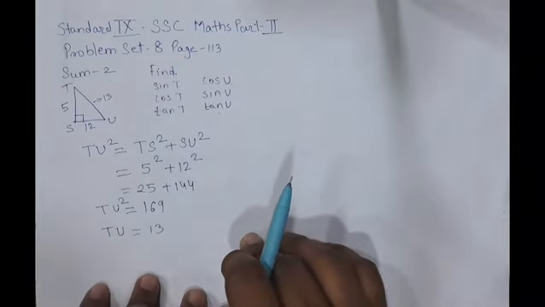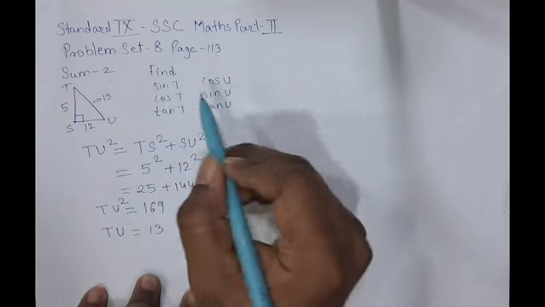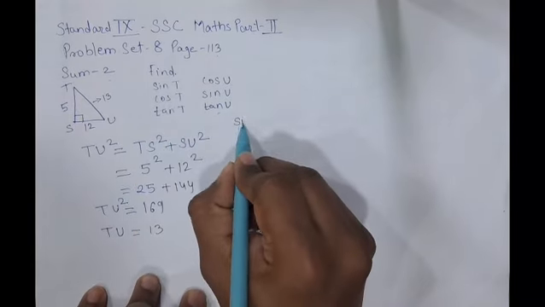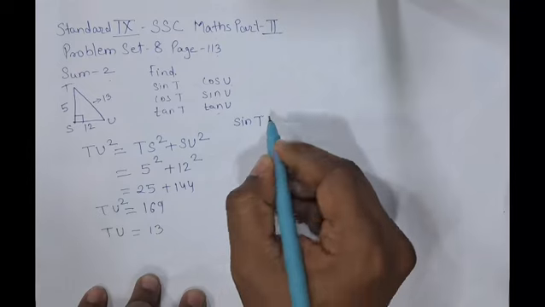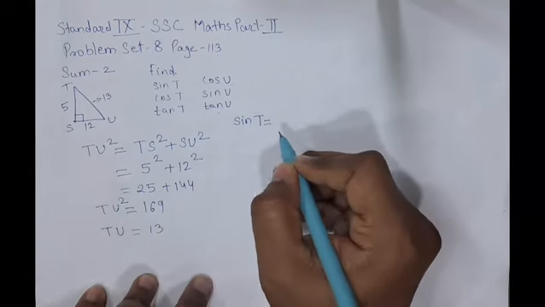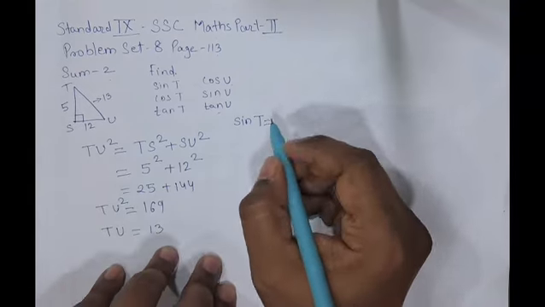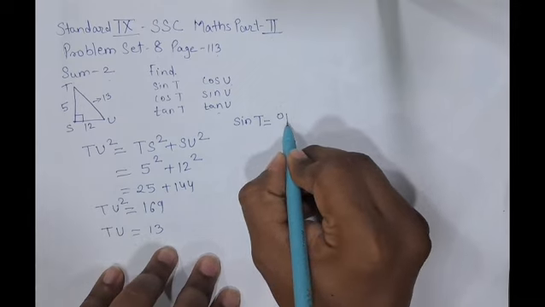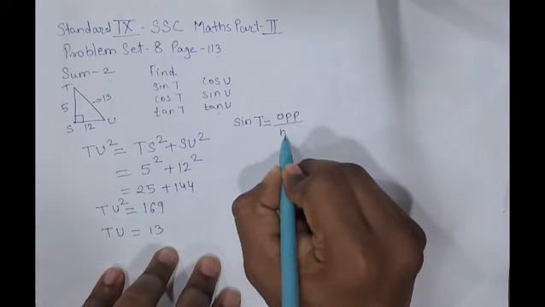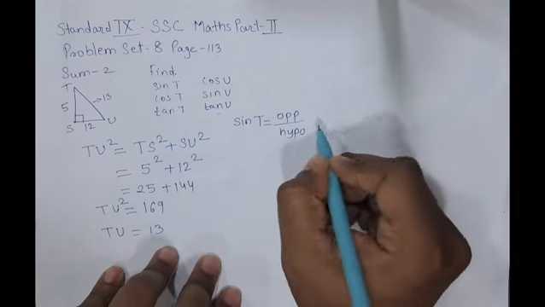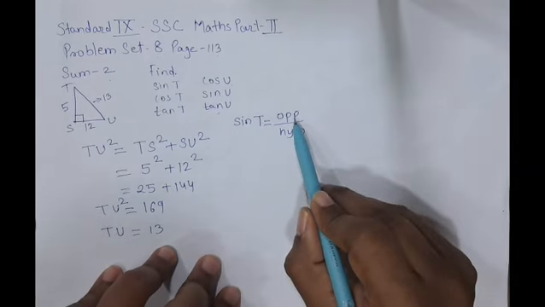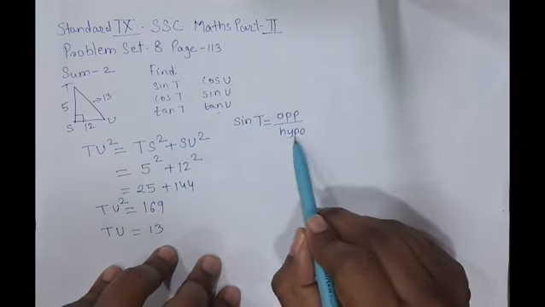Now let's come back to what we need to find out. We need to find out sin t. By definition, sin t is opposite upon hypotenuse. Here I'm just using the shortcuts, opposite side and hypotenuse.